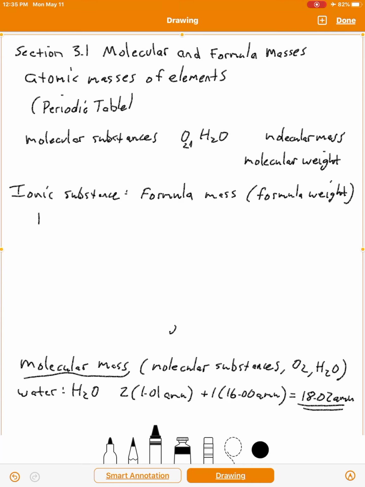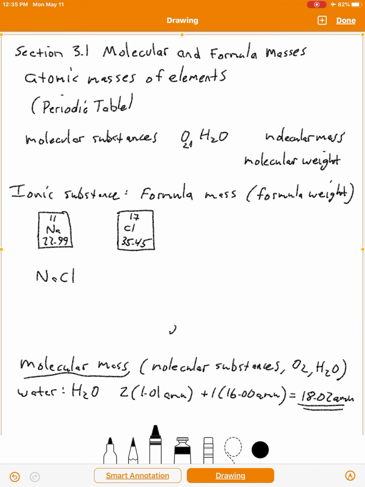So remember, ionic substances tend to be a metal with a nonmetal. So for example, sodium is a metal. Its atomic mass is 22.99 AMU. And let's take chlorine, for example. Suppose we have a compound, NaCl.